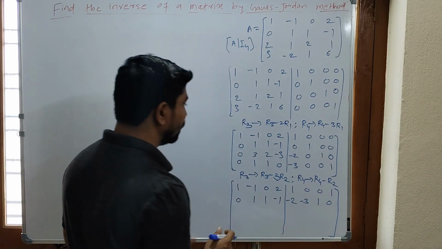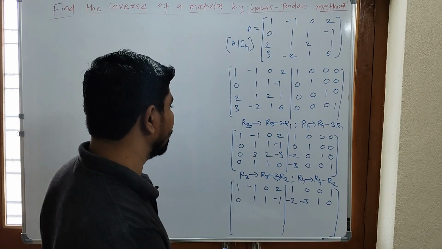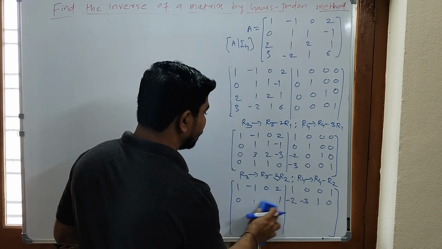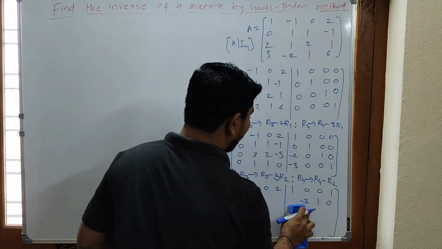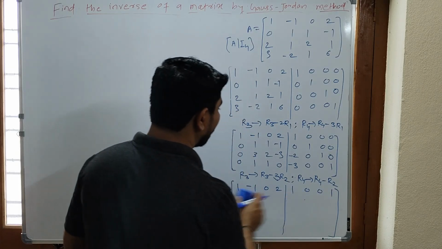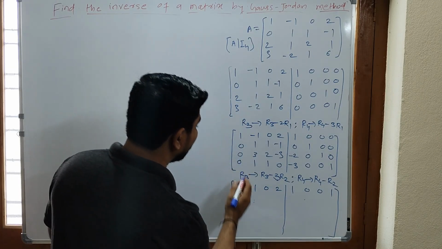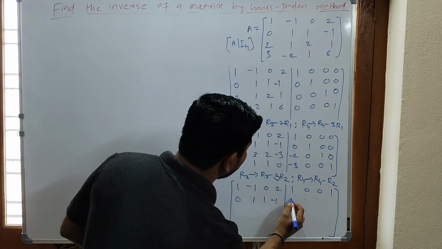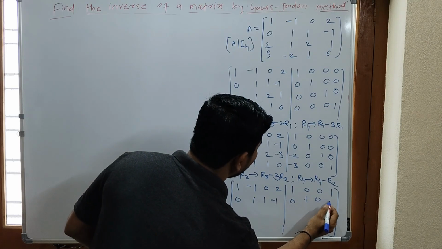Now come to the row R3. Sorry, this is my row R2. Row R2 is as it is. Here I will write row R2 first, because here 0, 1, 1, -1, here 0, 1, 0 and 0.